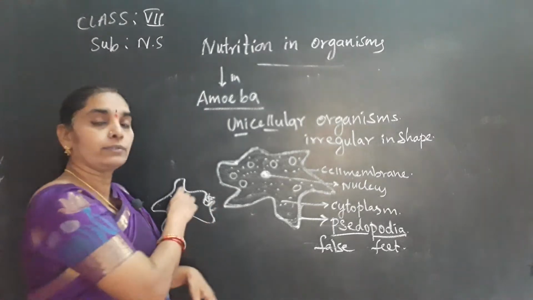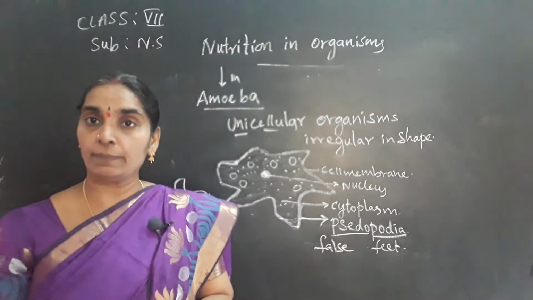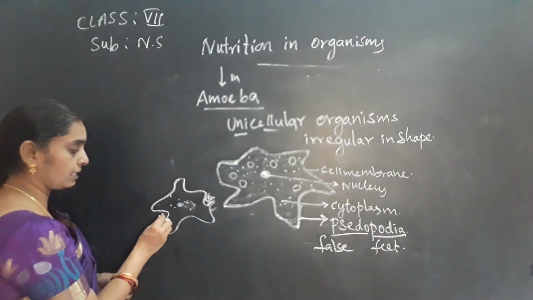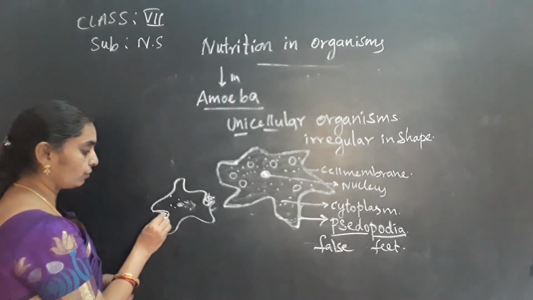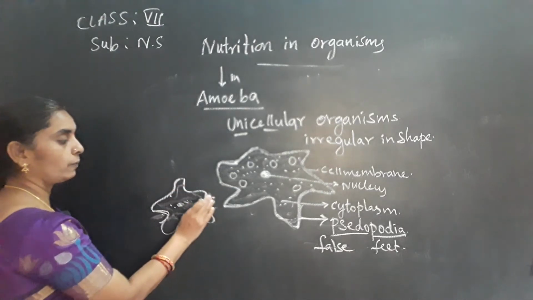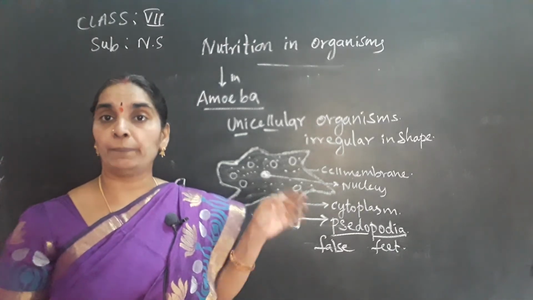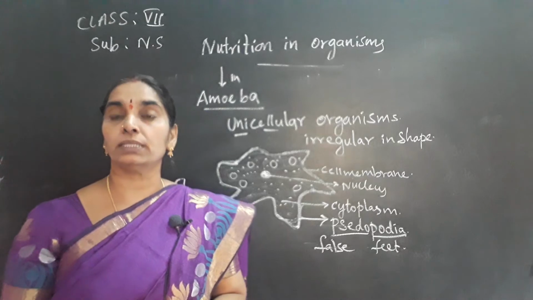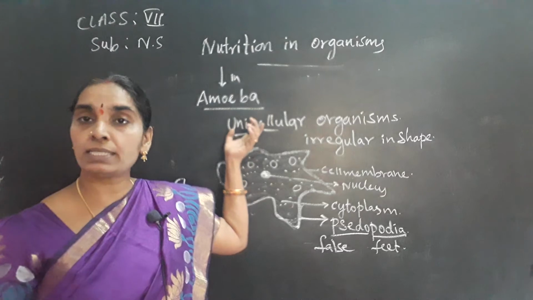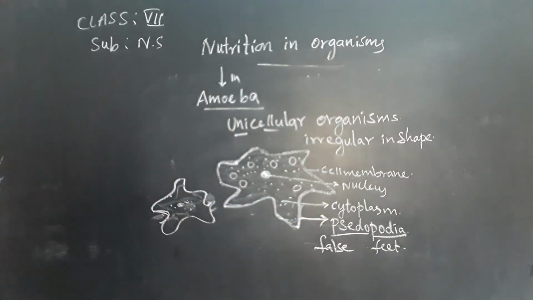Then it forms a part of the body, which is called assimilation. Later the waste is excreted out, which is called egestion. So I will show you through a pictorial representation how the various life processes are performed by amoeba, a unicellular organism. Okay children, first you draw this diagram and name the parts.